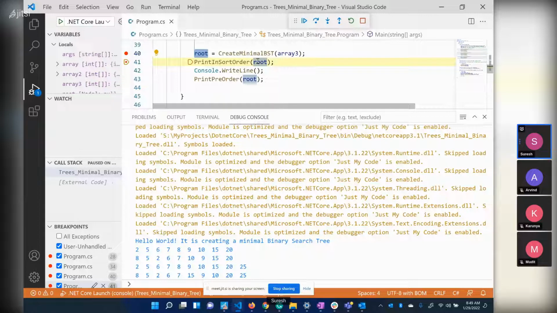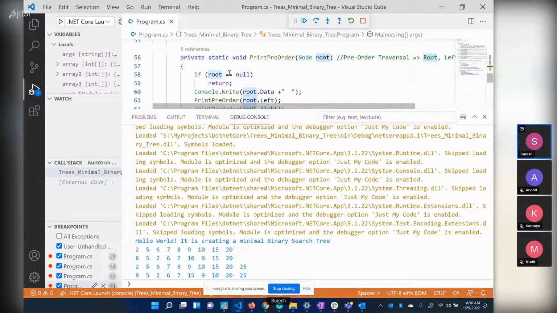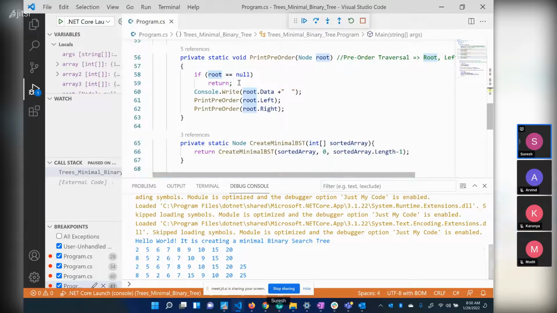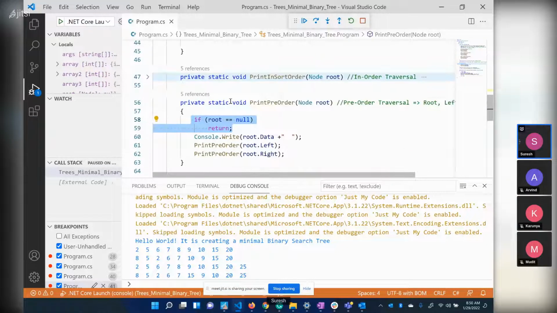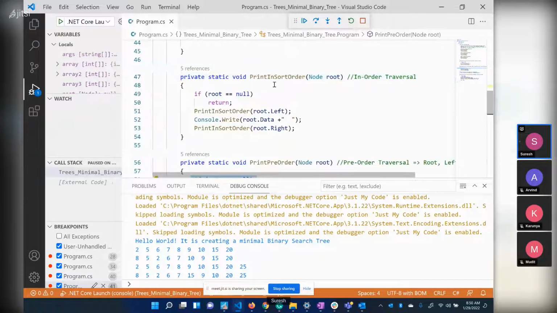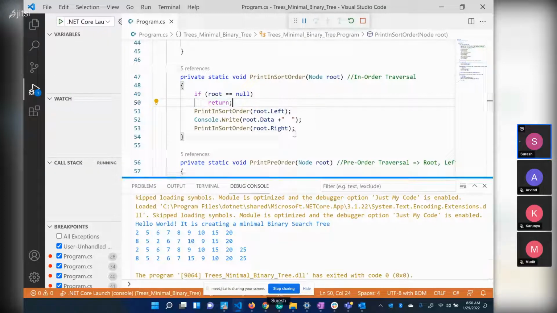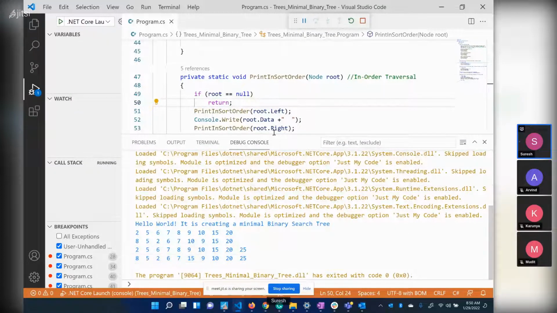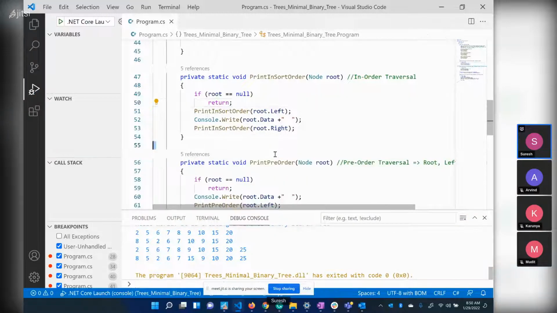If it is null, you are not printing anything. In print in-order or print pre-order, if the value is null, we just return from the function. Either pre-order or in-order traversal, we do the same thing. So you don't print anything for the third array.